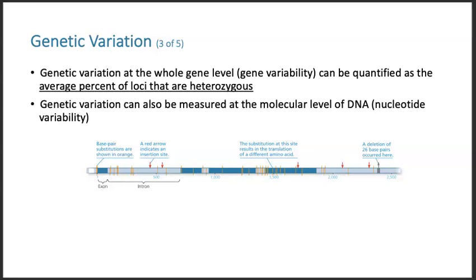So genetic variation can be measured like heterozygosity, like how much is heterozygous among all the genes in a population. And we can also measure these at the molecular level, like we can look at individual nucleotide variability. So again, the whole gene level or the nucleotide level are different ways to measure genetic variation.